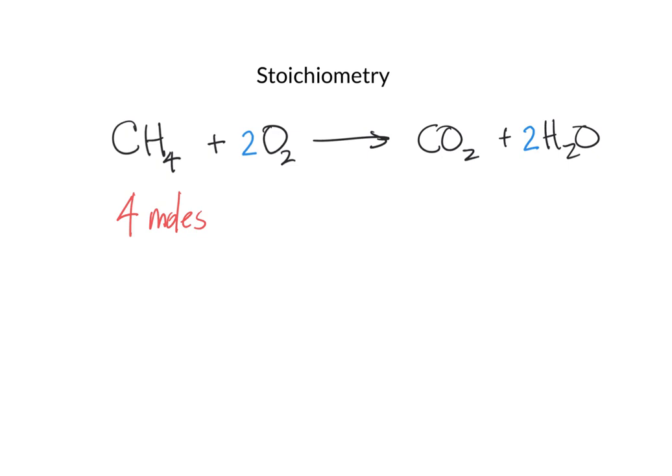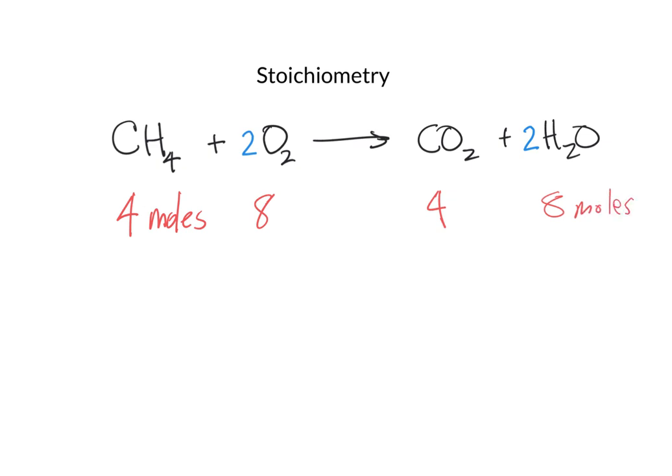So I will need 8 moles of oxygen, 4 moles of carbon dioxide, and 8 moles of water. That means, for example, if I wanted to know how much water is produced from 4 moles of methane, I would get 8 moles of water.